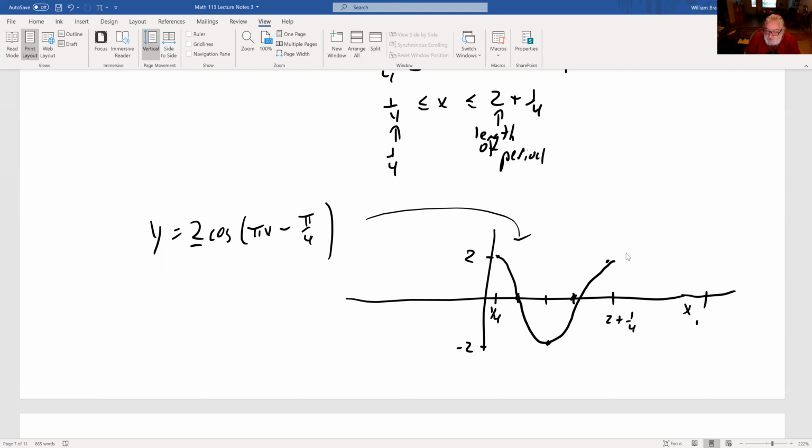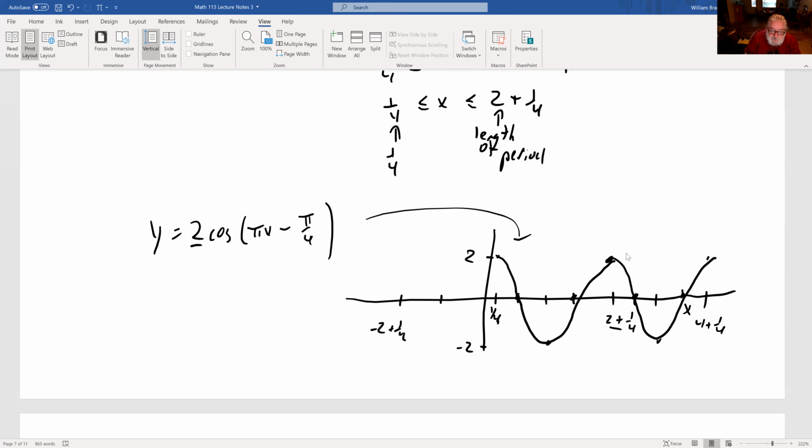Period is 2, so this would be 4 plus 1/4 if we just added 2 to this. Cut it in half, cut it in half, cut it in half. Positive, 0, negative, 0, positive. There's our graph. And if we go back this way, we get -2 plus 1/4, if we subtract 2 from that.